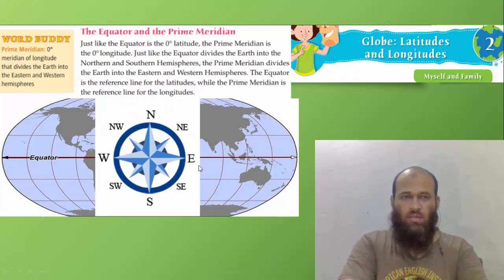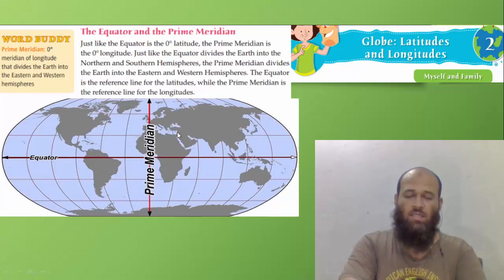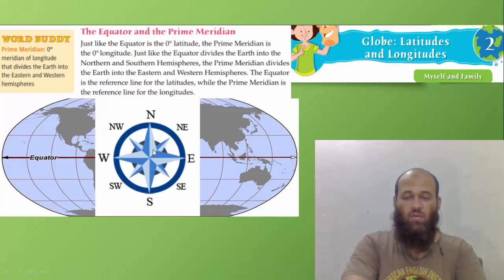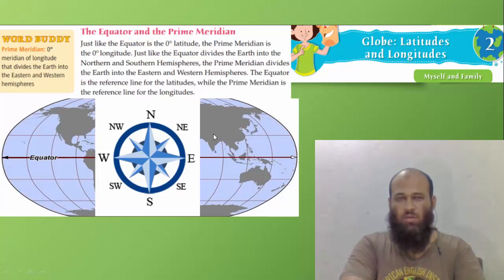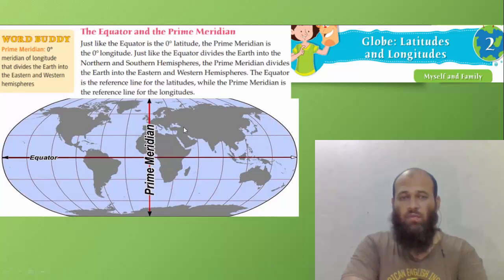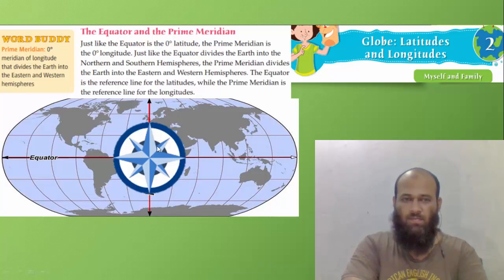The equator is the reference line for the latitudes, and the prime meridian is the reference line for longitudes. So the region where India falls is the northeastern region.